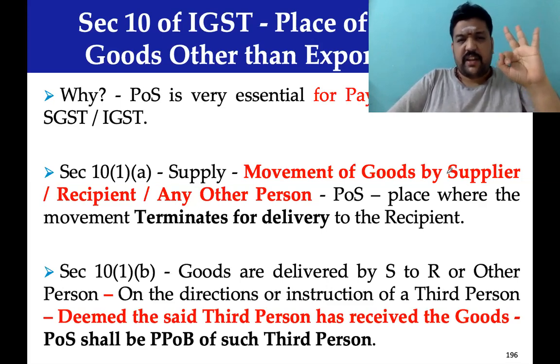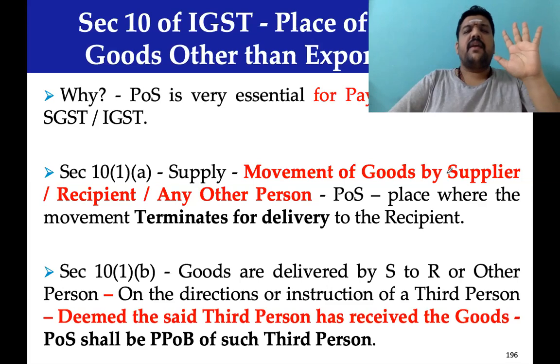Goods does not involve movement in case of assembling or installation, in case of supply of goods on board a conveyance. 5 different types of transaction are covered when it comes to goods.